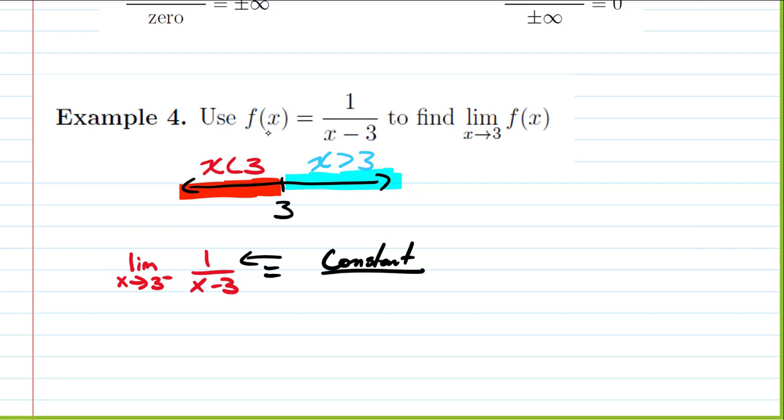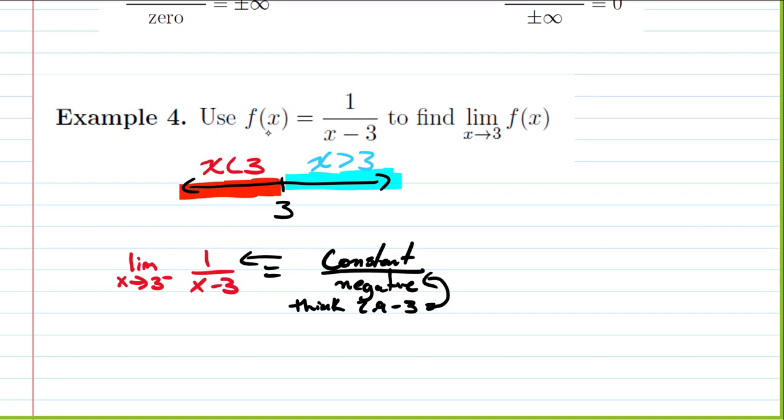So something smaller than 3, take away 3, is that going to be positive or negative? So what's 2.9 take away 3, positive or negative? Negative. So that means our denominator is going to be negative. And so let's think, 2.9 minus 3 is negative.